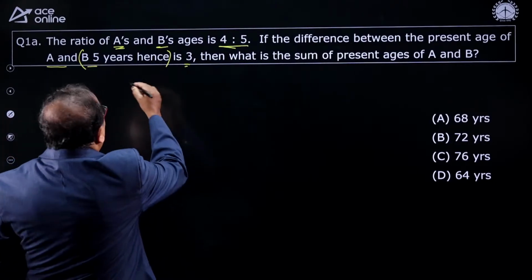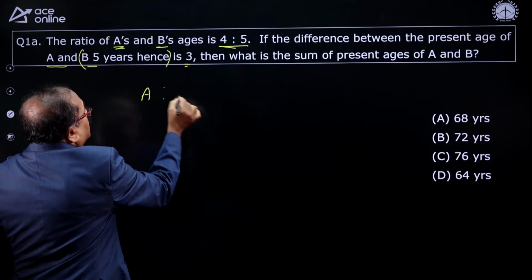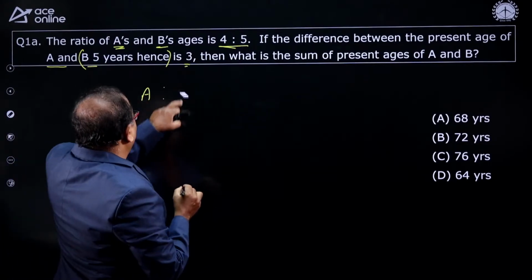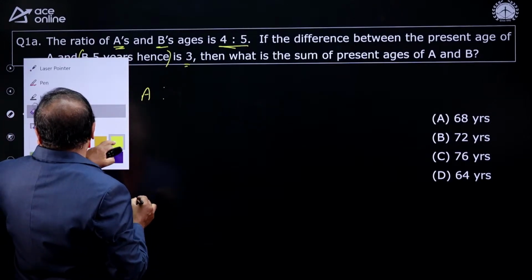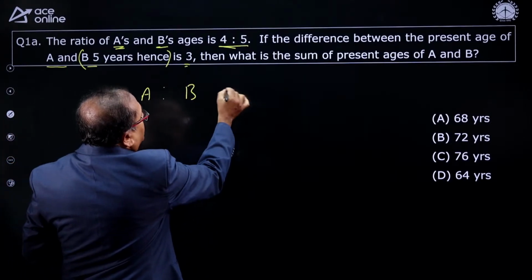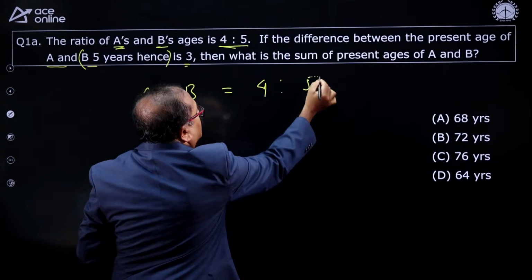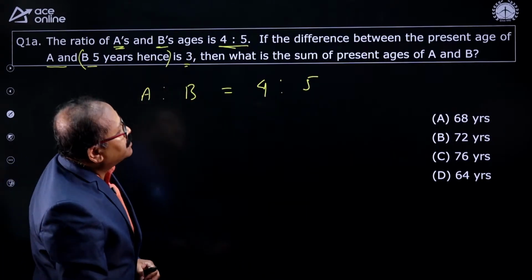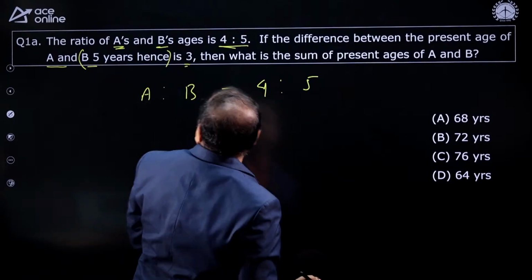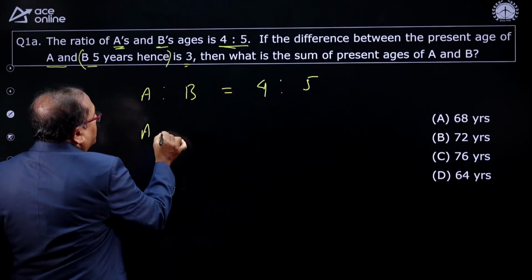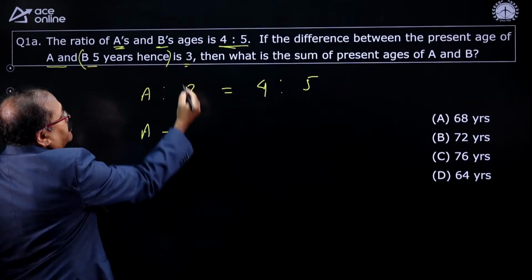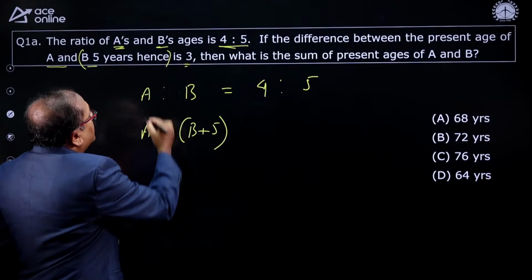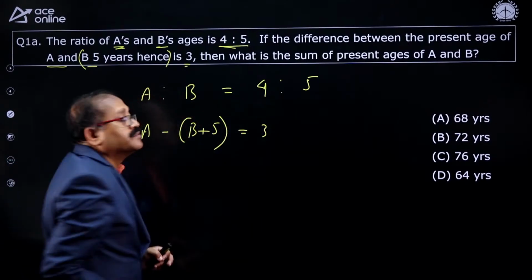Okay. So now what is given to us is A is to B is 4:5. It's a very important class today. The topic is not very difficult. It's easy, but one question comes in the exam. It is said that the difference between the age of A and B 5 years hence, so A plus 5 minus B plus 5, is 3.